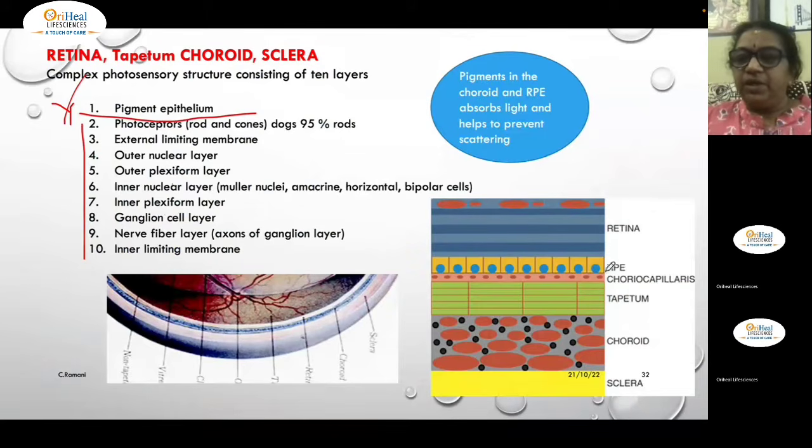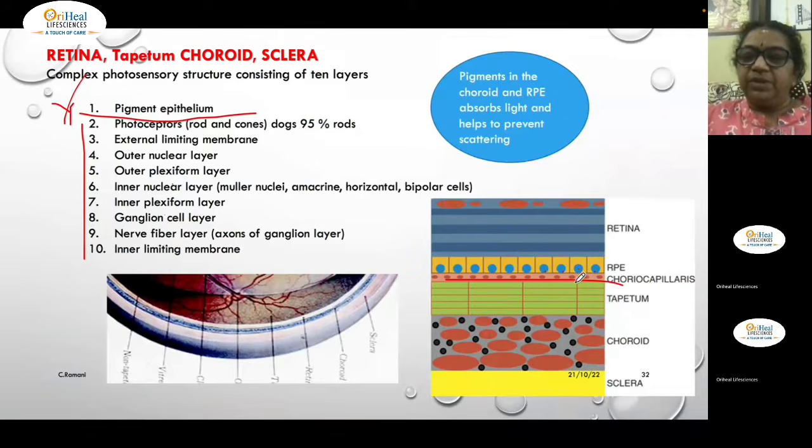So here we can come to this picture. This is the retina, and this is the retinal pigment epithelium, and this is the choriocapillaris. Another interesting factor is you will find pigments in the retinal pigment epithelium. You also have pigments in the choroid capillaries.